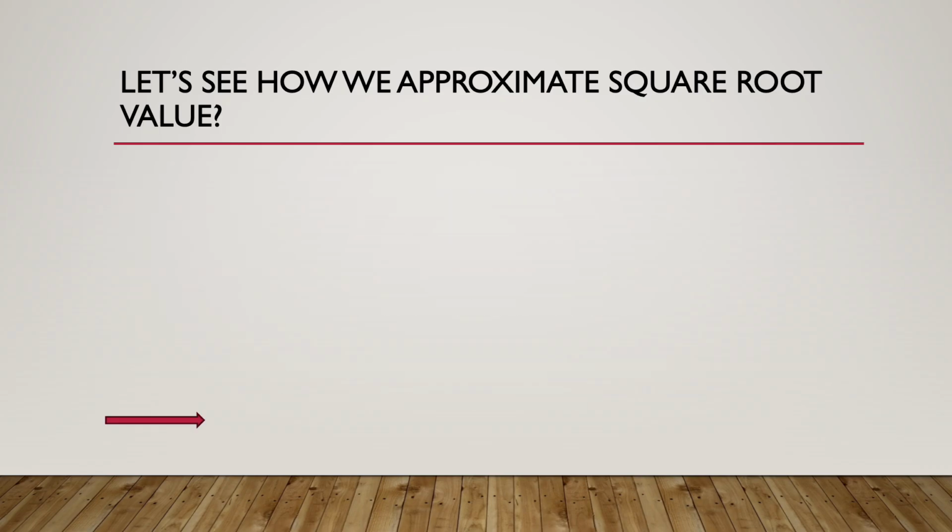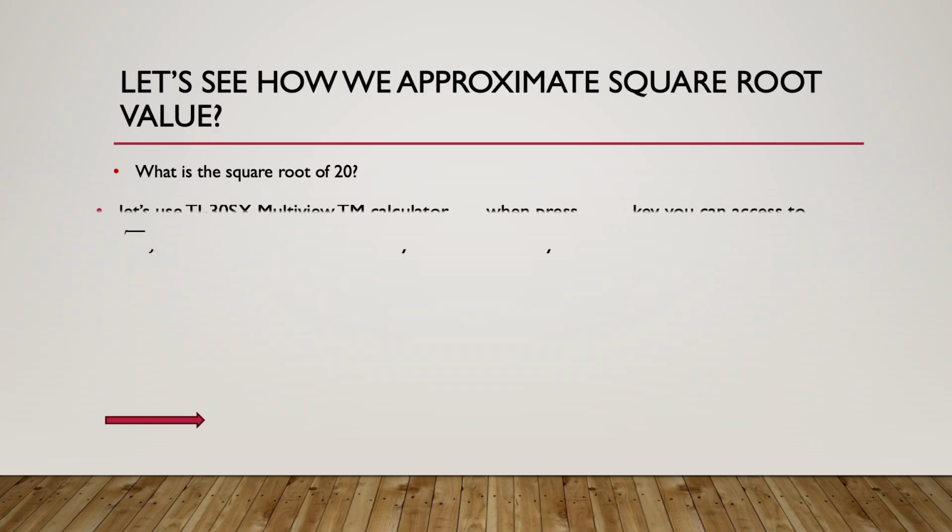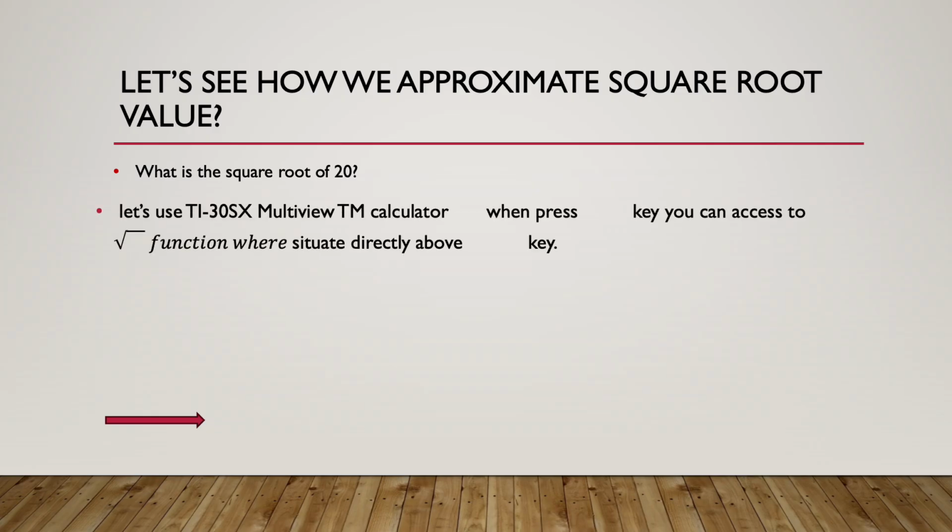Okay guys, now we are going to learn how to approximate a square root value. I got the same example as in the previous slide. I think you remember this part.